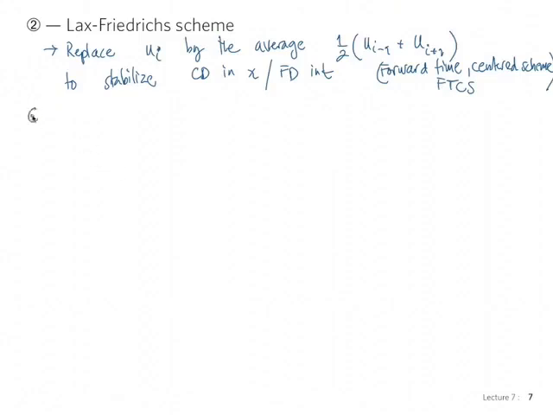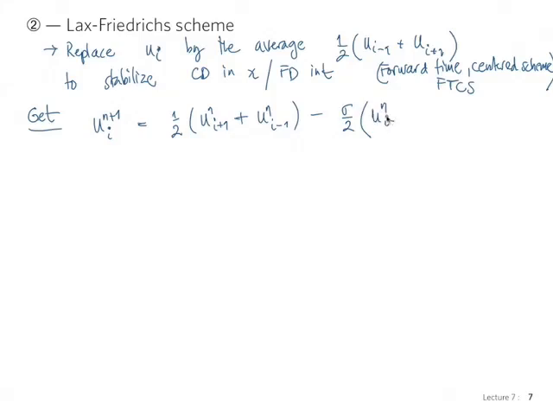So what we get is U^{n+1} at i is now going to be equal to 1/2 (U^n_{i+1} plus U^n_{i-1}), there's a plus here, and we have the same as before for the spatial term, U^n_{i+1} minus U^n_{i-1}.